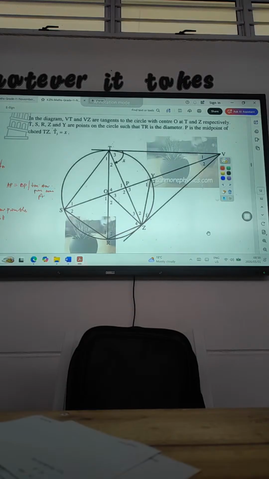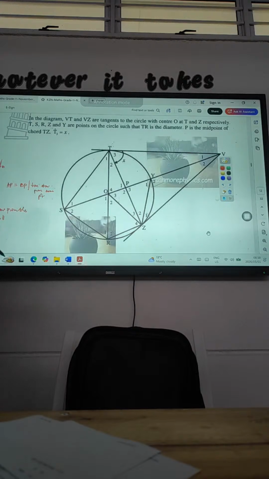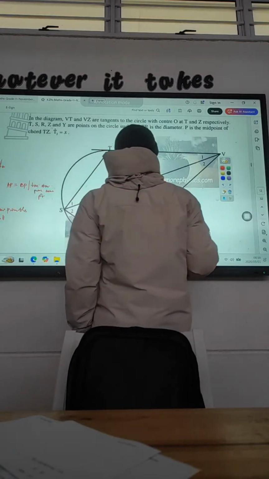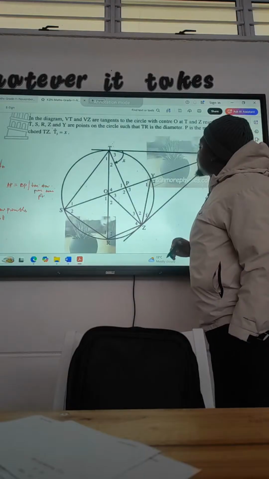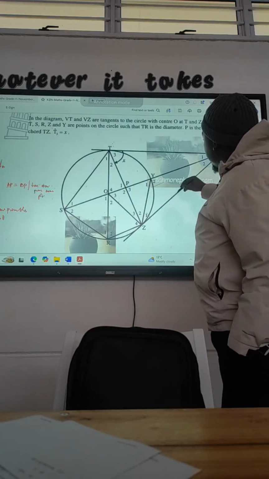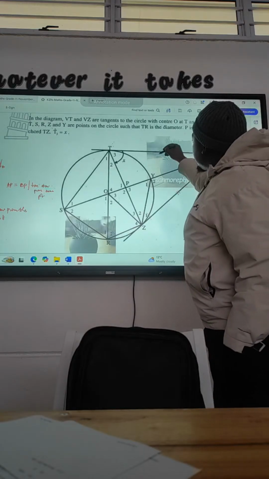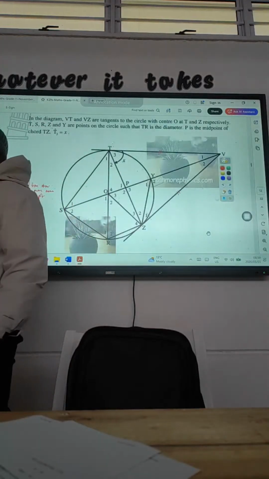Alright, without answering any questions, let's see what people are saying. In the diagram below, VT and VS are tangents to the circle with center O, touching at T and S. So already we can highlight that these are equal, because they are tangents drawn from the same point.